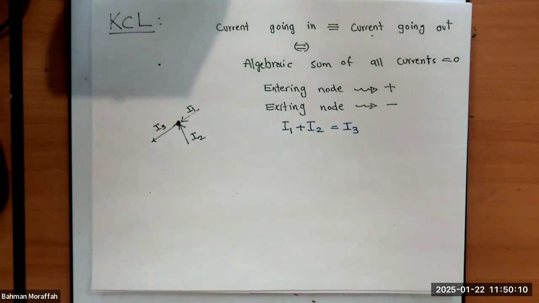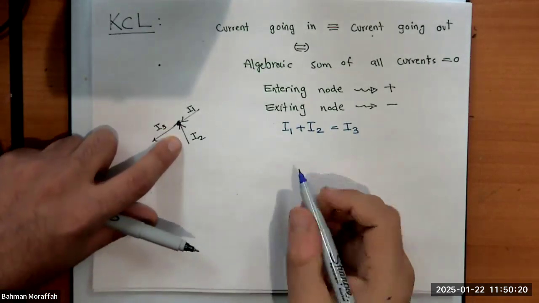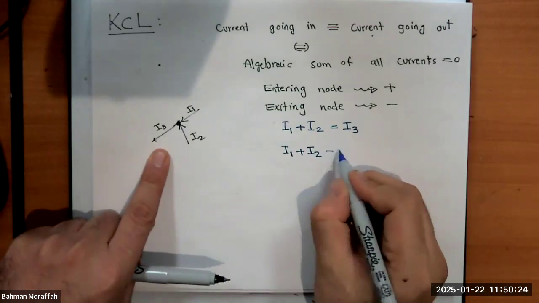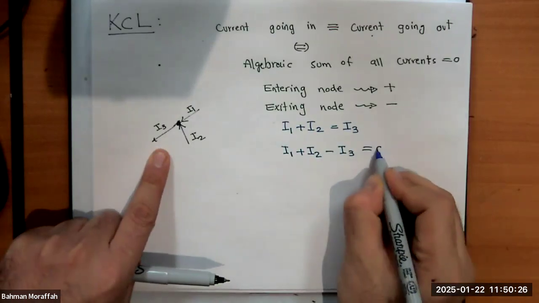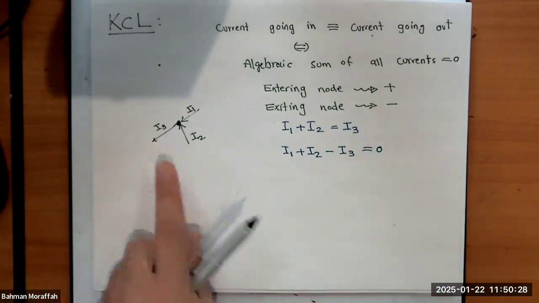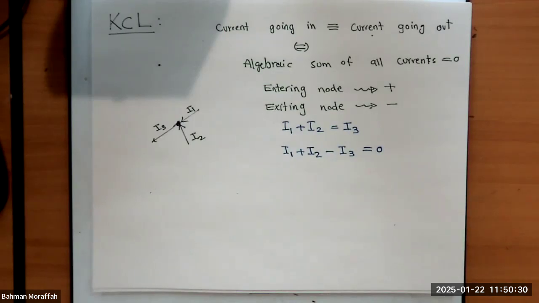Second interpretation is that if it goes in, let's think of it as positive. If it comes out, let's think of it as negative. I1 and I2, they're going in, so they're positive. I3 is going out, so it's negative. And it should add up to 0. If you compare the second equation to the first equation, they're exactly the same, right?